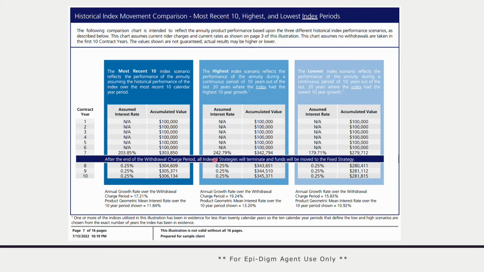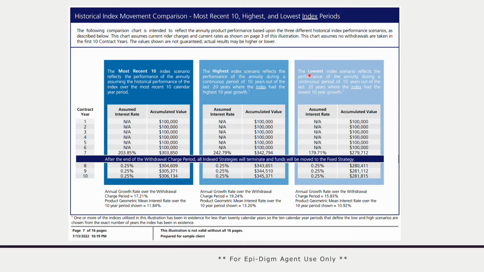That's an increase of 242.79%, so your money has more than tripled your original money. The annual rate of return for the 7 years is 19.24%. That is very, very impressive.